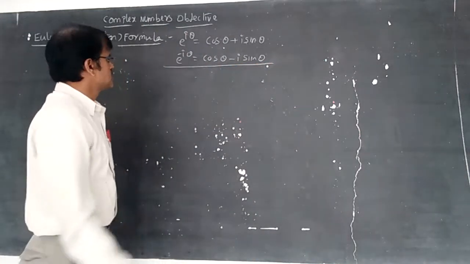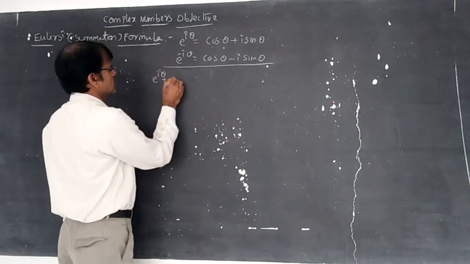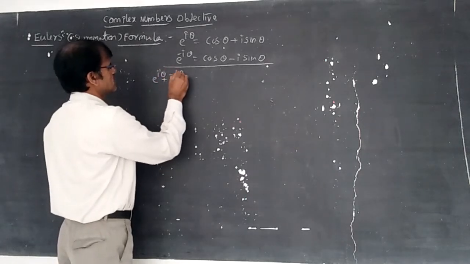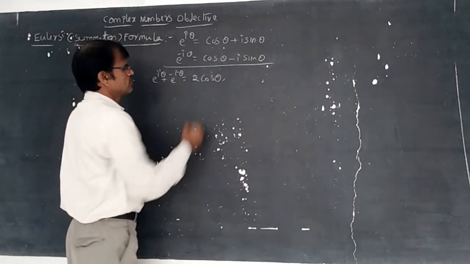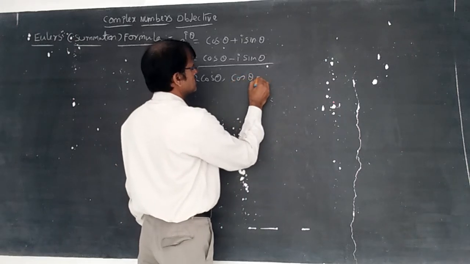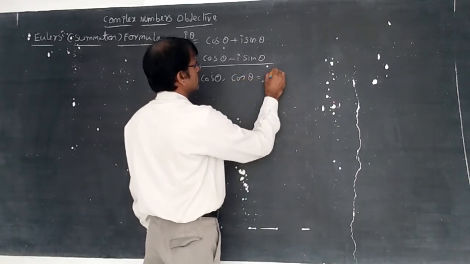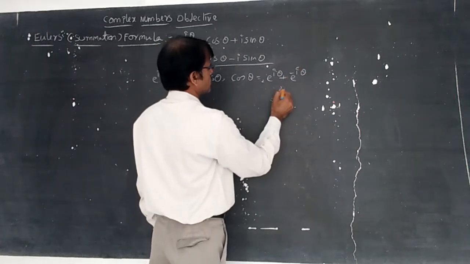If we add both sides, e power i theta plus e power minus i theta is equal to 2 cos theta. So, cos theta is equal to e power i theta plus e power minus i theta whole by 2.